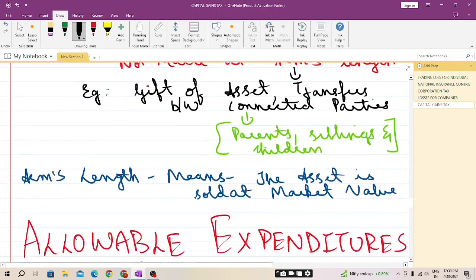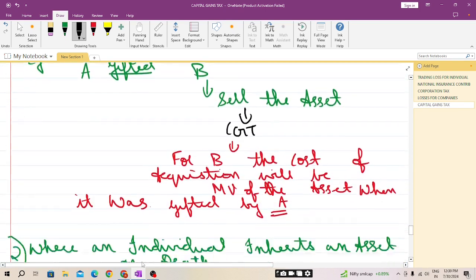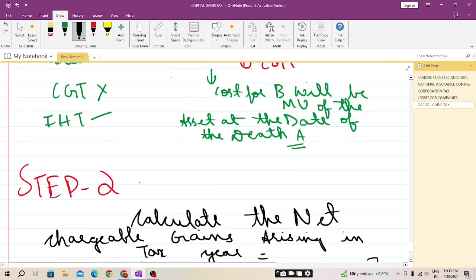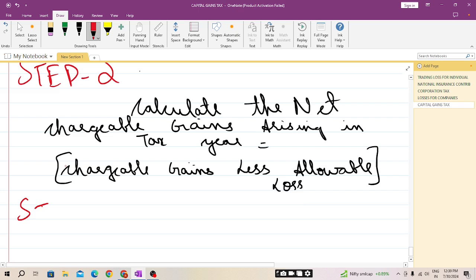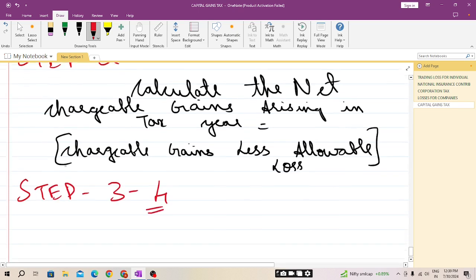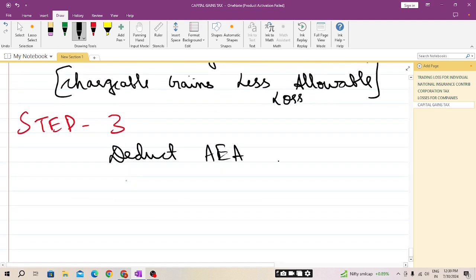So as we have seen, students, we have covered step number 1 and 2. Now coming to step number 3 to 4, students. Step number 3 was to deduct the AEA, that is, 6,000 pounds.